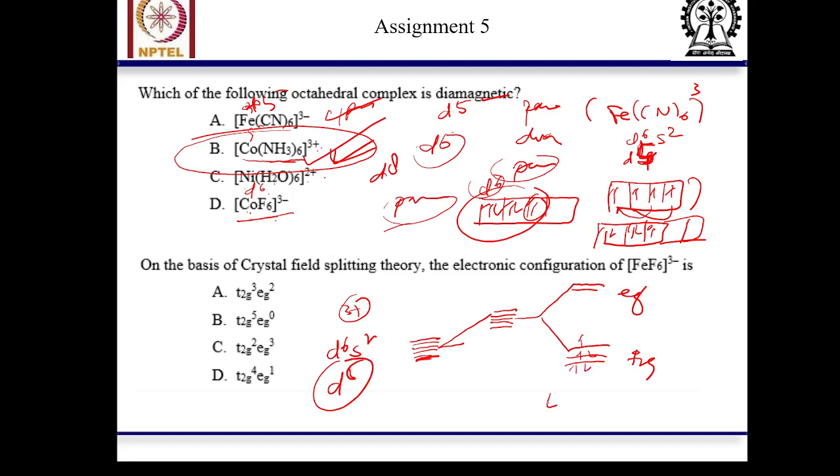Sorry, this is a weak field ligand, so one electron will fill in each orbital. So this is t2g3 eg2. That is the correct answer A.